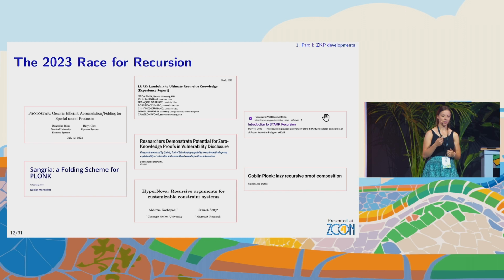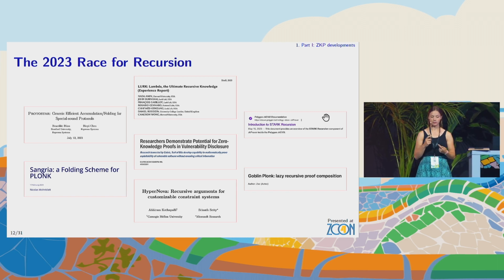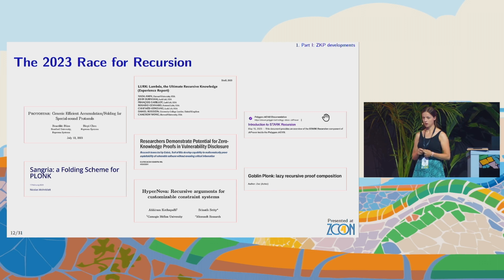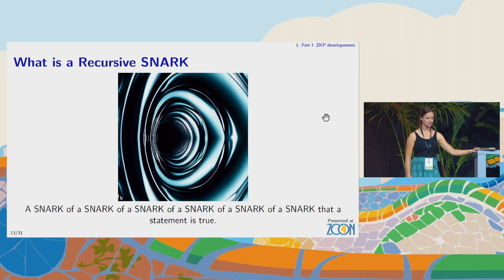We also have Lurk, which is looking to use recursion. We know that the Polygon team are looking to use recursion in their SNARK prover. We have Goblin Plonk, which is looking at recursion again. One of these looks like I forgot to update it, but Hypernova is relevant.